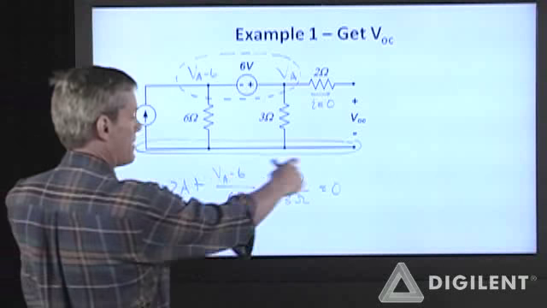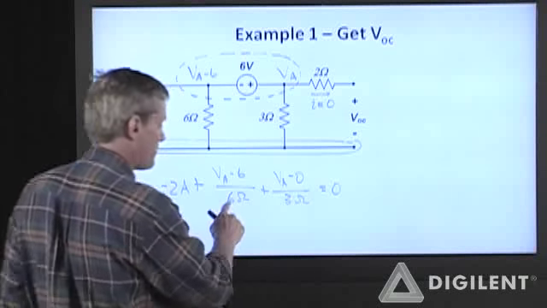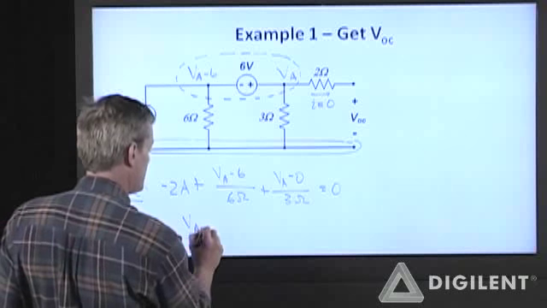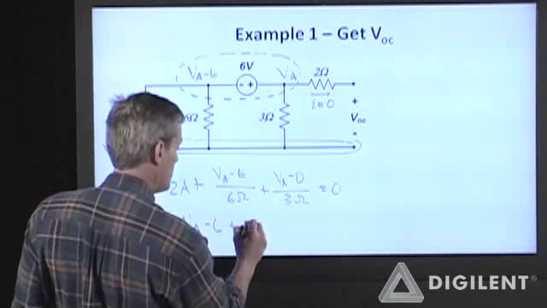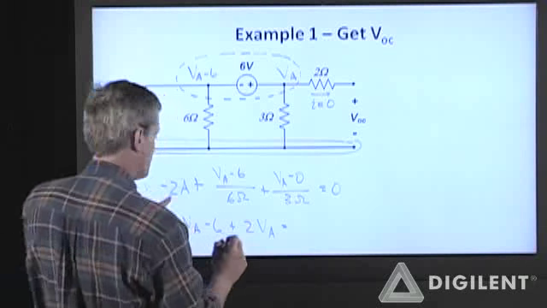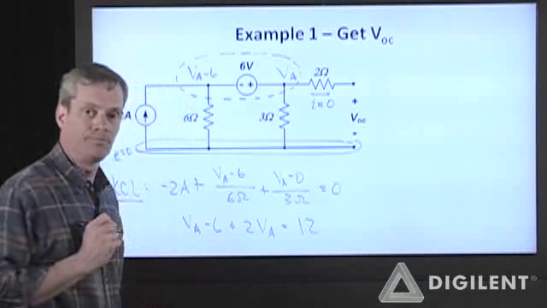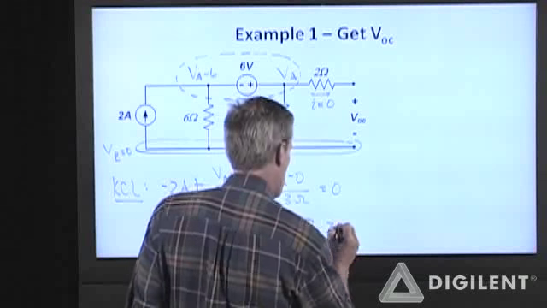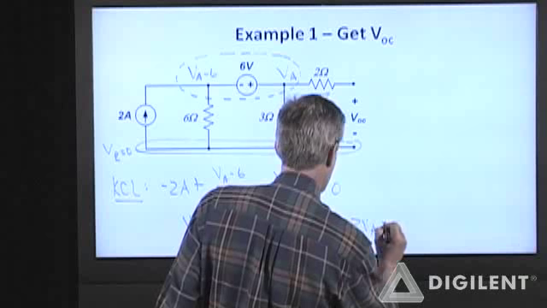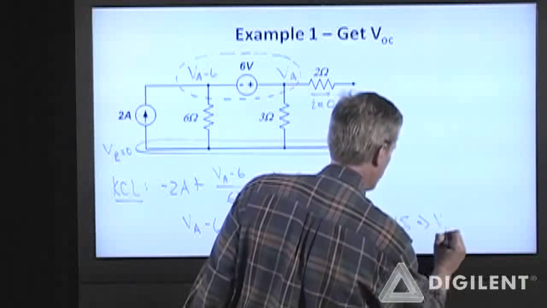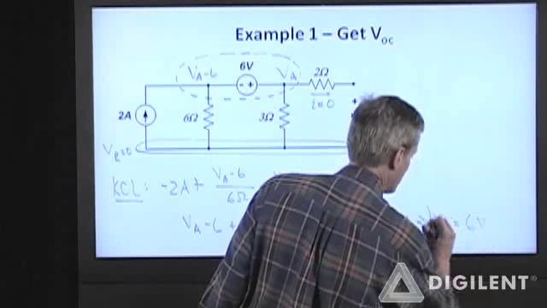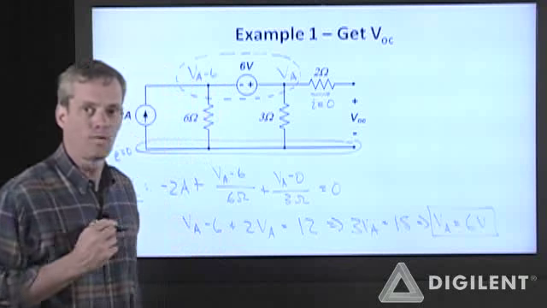I'm going to move this 2 amps to the right-hand side and multiply through by 6, which gives me VA minus 6 plus 2VA is equal to 12. So 3VA is equal to 18, and VA is equal to 6 volts. Okay.